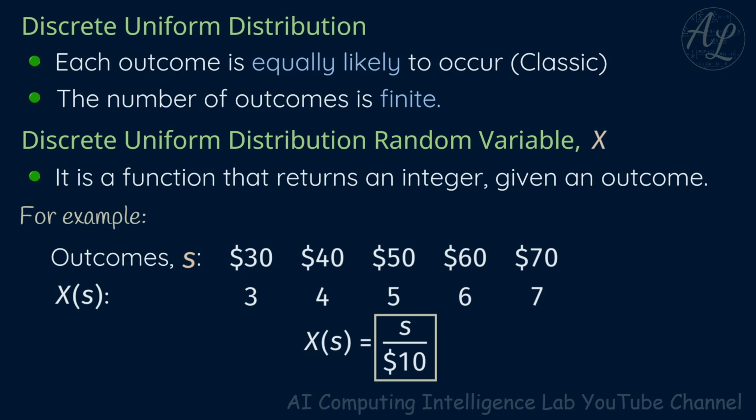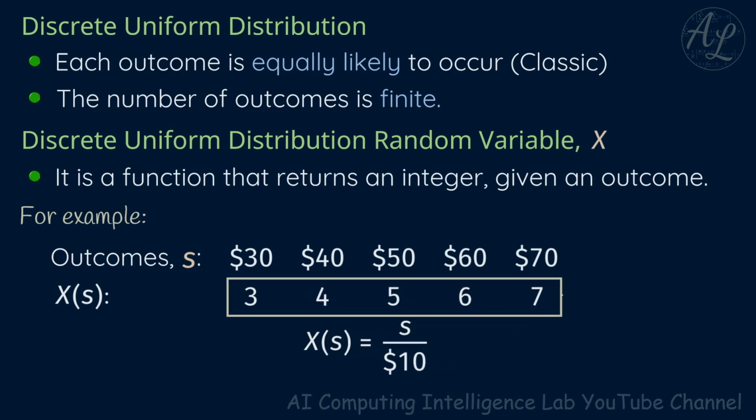And this equation is now simpler than before. These values, when combined as a set, are referred to as the support of this distribution. And in symbols, we can represent it like this: the support of the random variable X, where X is our representation of the random variable.